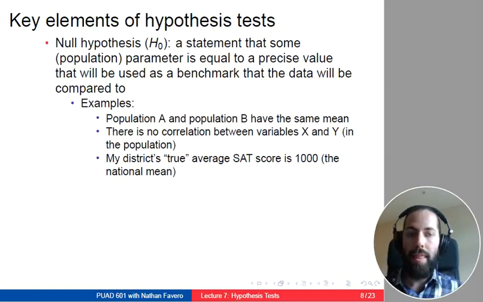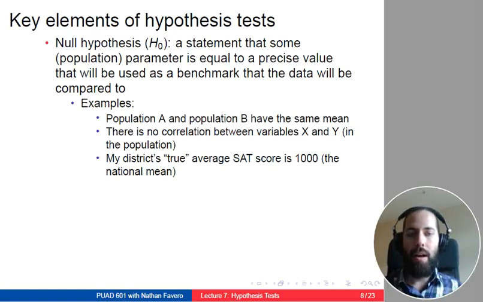is equal to 1,000. And I put true in quotation marks here because, of course, I can just check what the SAT score in my district is. But the SAT score is going to bounce around somewhat from year to year and might change depending on which students take it and whether or not they're feeling well the day that they take the exam, whether or not they happen to get lucky that day.